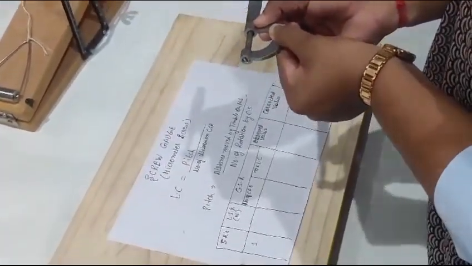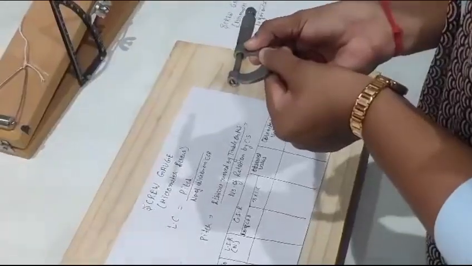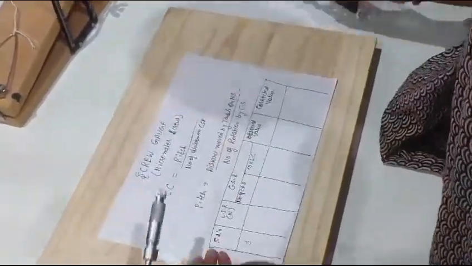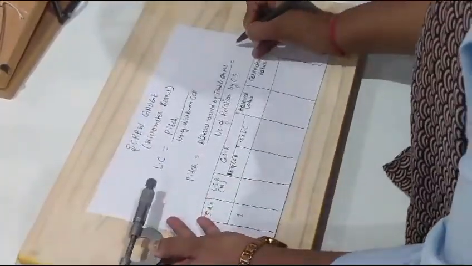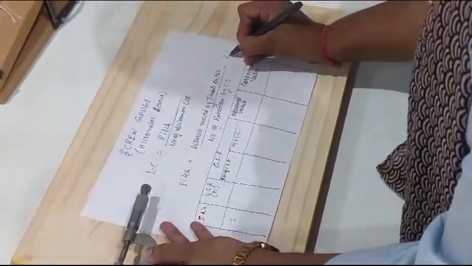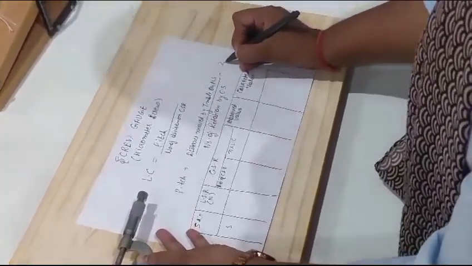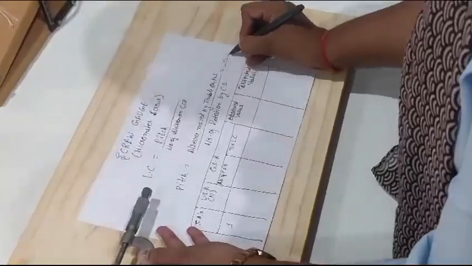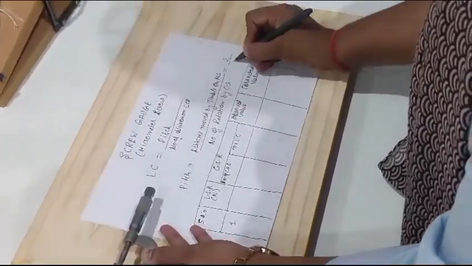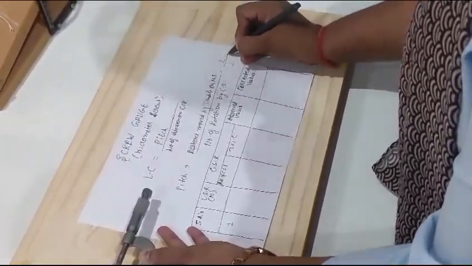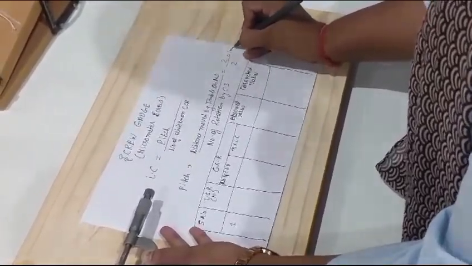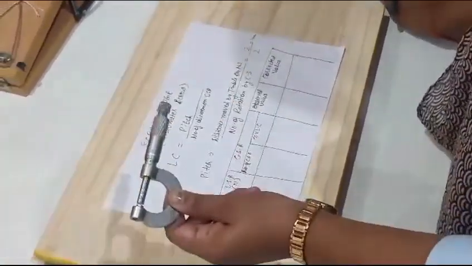That means the distance moved on the main scale is 2 mm. So how can I find the pitch? The distance moved by the thimble on the main scale, 2, divided by the number of rotations, again 2. It means 1 mm is the pitch of your screw gauge.